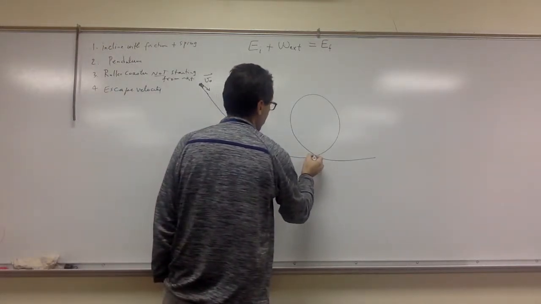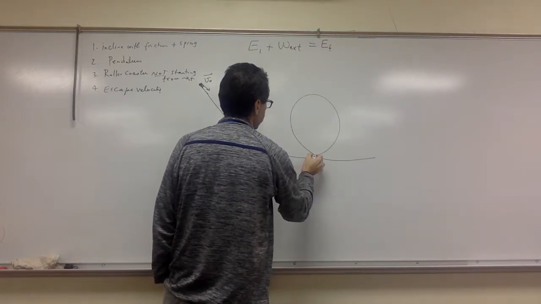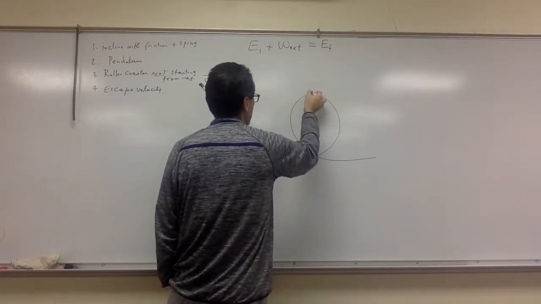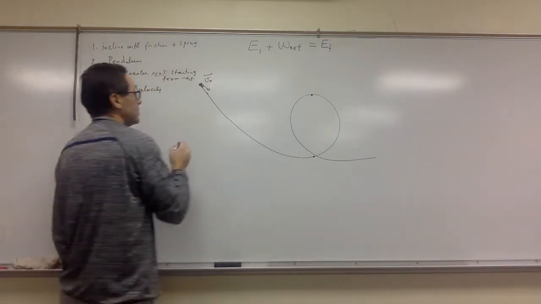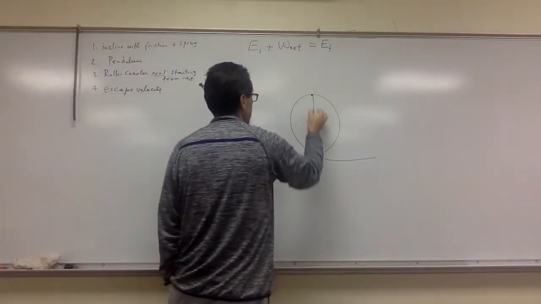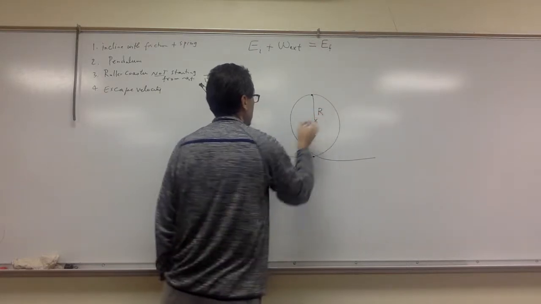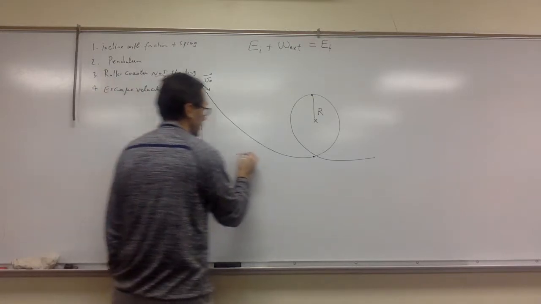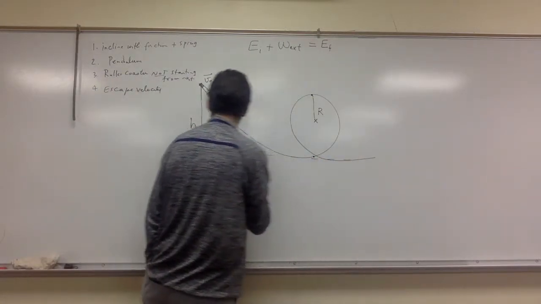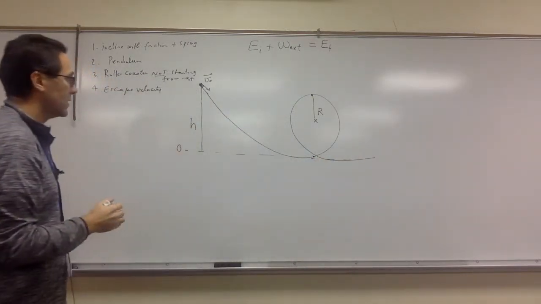I'm going to try to find what we call the g-force at these two places, and I'll explain that in a minute. Let's say this has a radius r, and this height here is h. I'm going to pick the lowest point as the reference for gravitational potential energy. So let's write our equations.